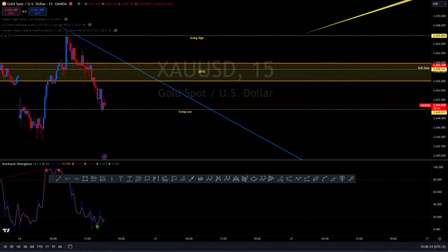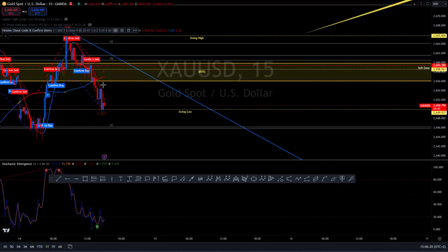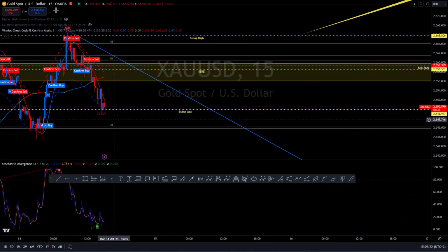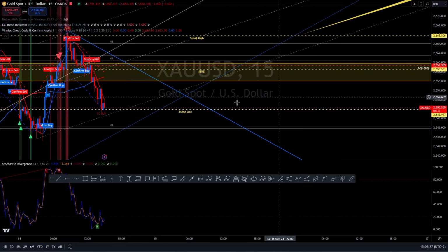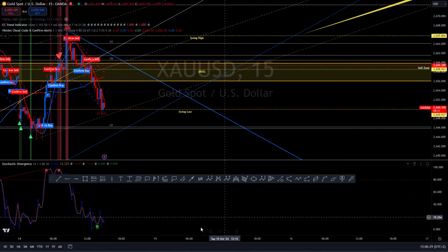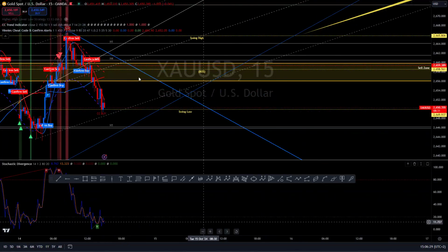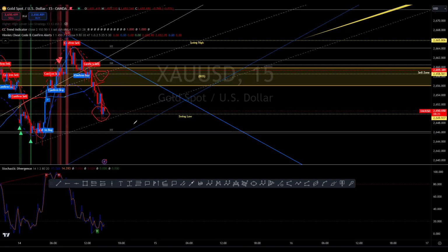Let's see. So now we're going to turn on a Bollinger Band indicator here, and then turn on a CC trend. Now, you see that our Bollinger Bands, the top Bollinger Band is here, the bottom Bollinger Band is here, okay?